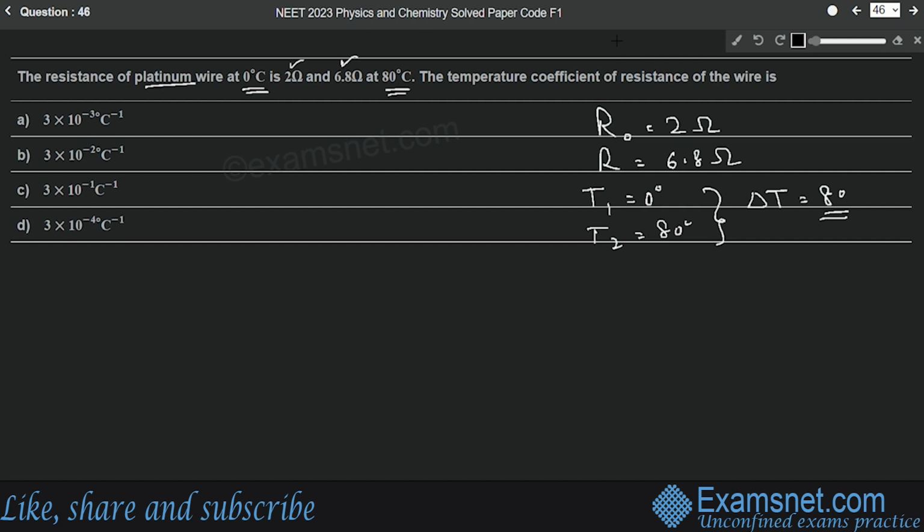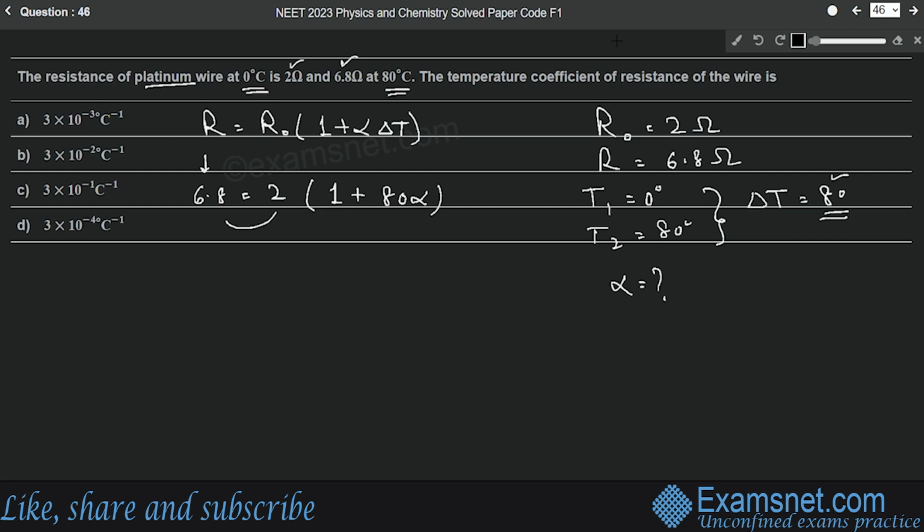We have to find out the value of the temperature coefficient of resistance, that is alpha, right? So we'll use the formula R equals R0 into 1 plus alpha delta T. So this is a simple formula based question. R is 6.8 ohm, R0 is 2 ohm, 1 plus alpha into delta T, which is 80, so it will be 80 alpha, right?